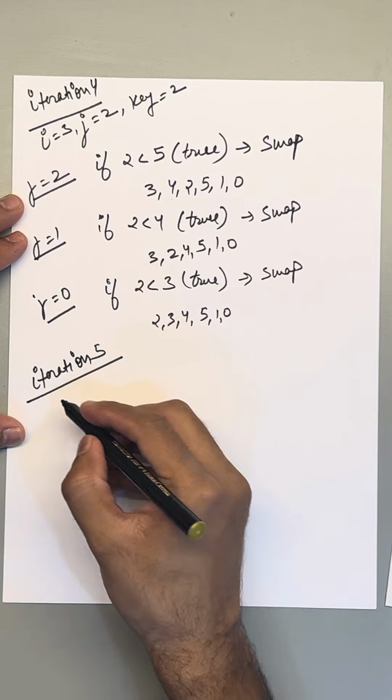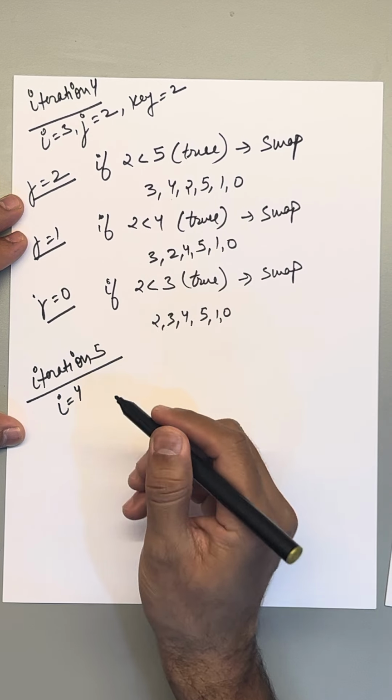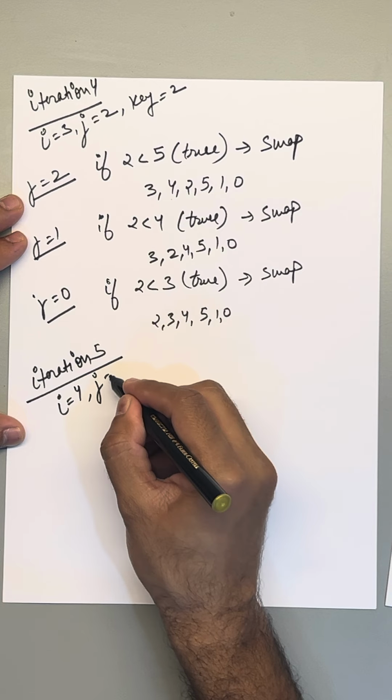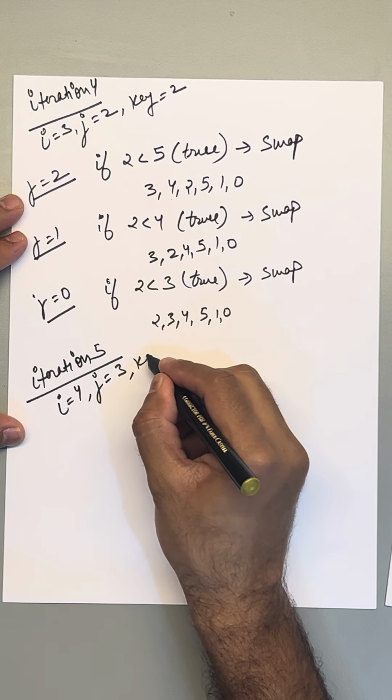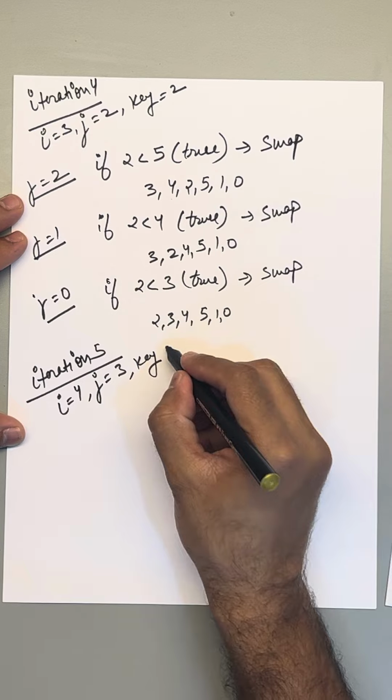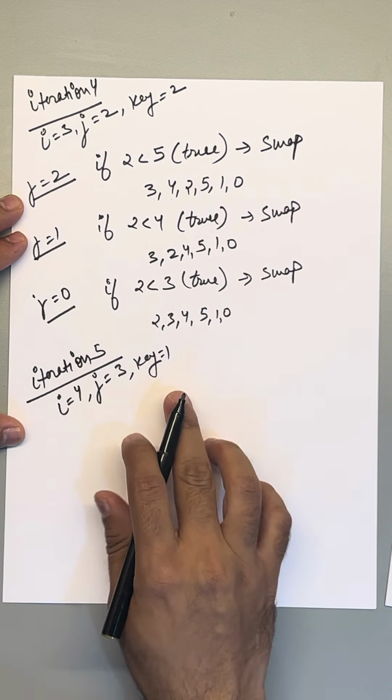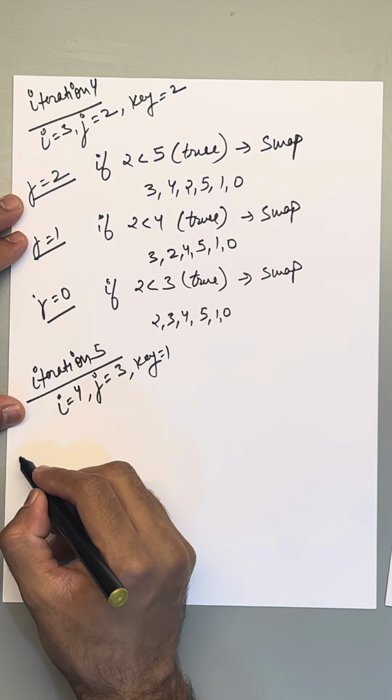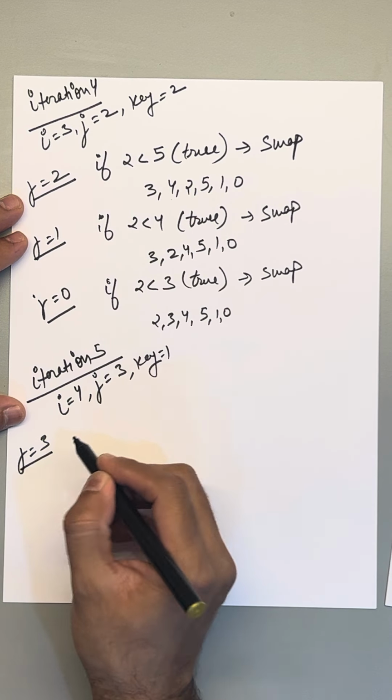Let's go for iteration 5. Here the i value increases to 4, j increases to 3, and the key value happens to be 1 here.